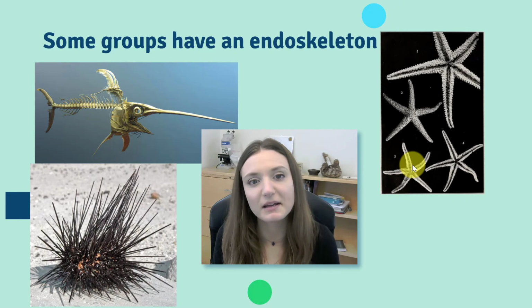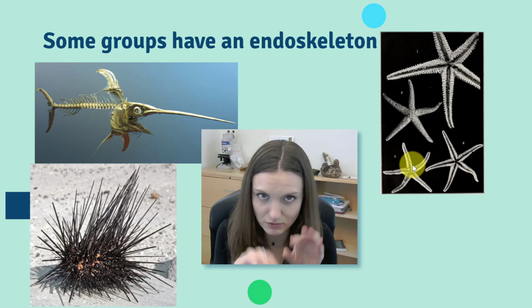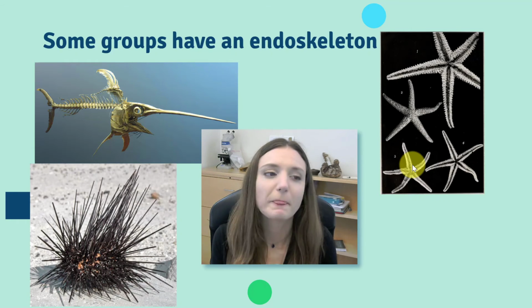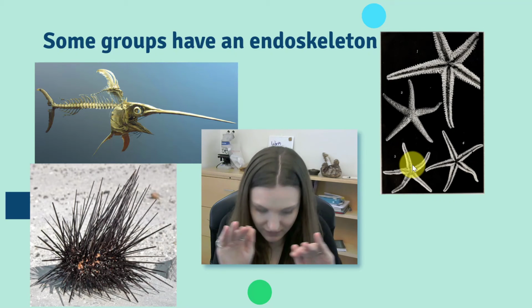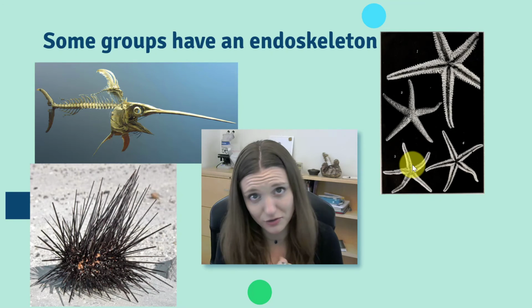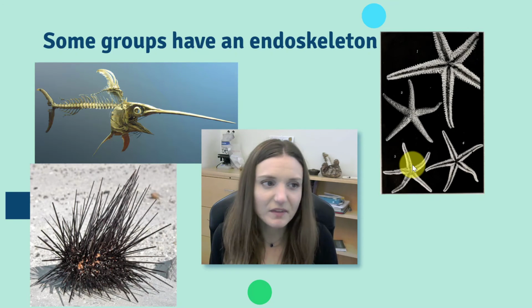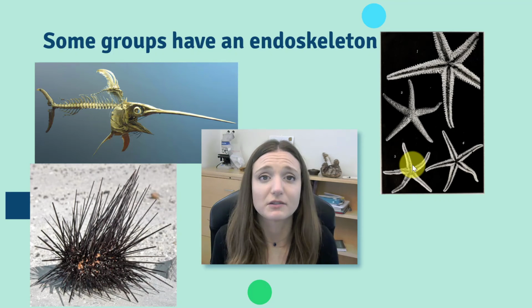But it provides a location for them to attach muscles to, so they can move their tiny little tube feet around. And it also provides some massive protection because that endoskeleton is basically wrapping around all of their important internal organs. So the only invertebrates that have endoskeletons are the echinoderms.